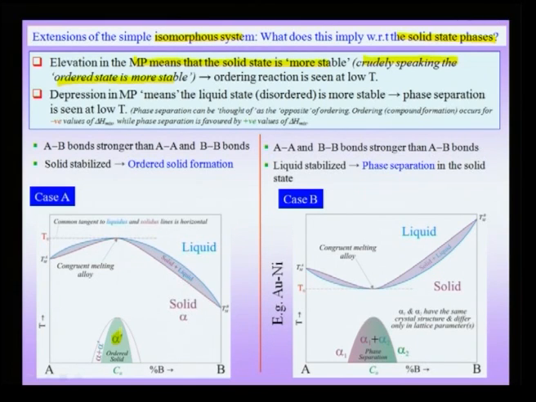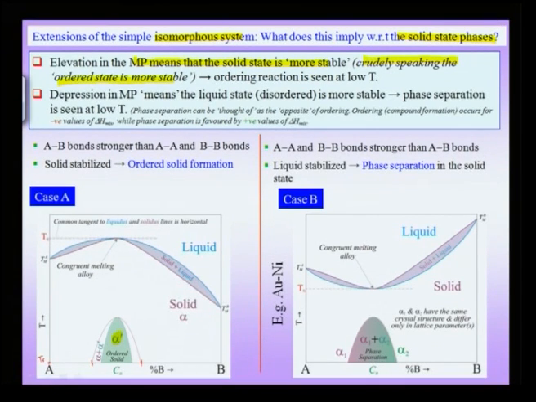That implies, suppose I take a composition, and this ordering reaction of course does not occur, as you can see from the diagram below, for an entire range of compositions. It occurs typically for a limited set of compositions for a given temperature. Say for instance, I am talking about a temperature T1 here.